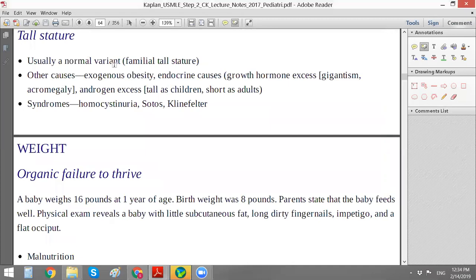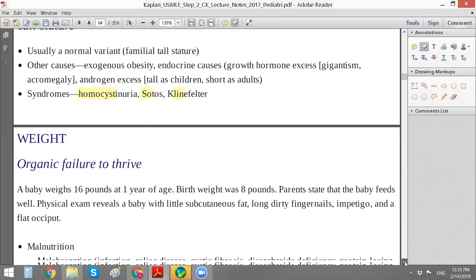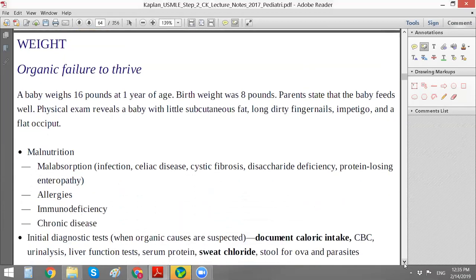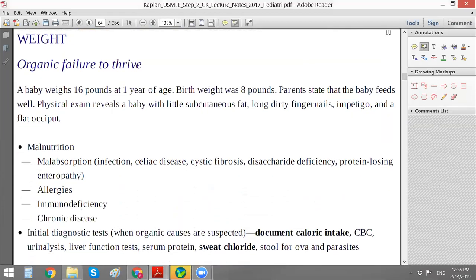Syndromes are homocystinuria, Sotos, and Klinefelter, but homocystinuria and Sotos are tall stature. It can be because of CAH. We were saying that bone age was greater than chronological age, and that was because of CAH, precocious puberty, hyperthyroidism.